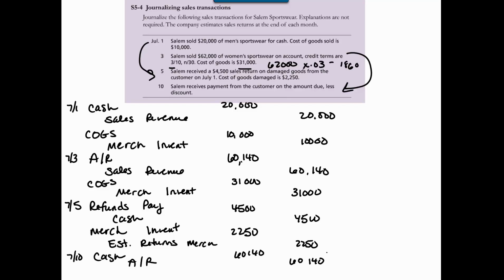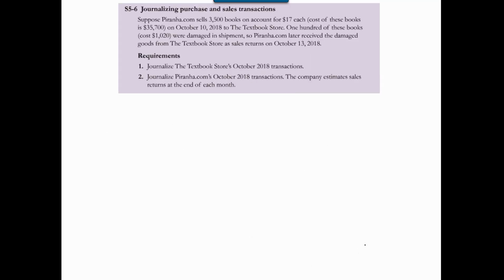I'm going to do another one here where we look at a couple transactions from both the buyer and the seller's point of view. So we've got Piranha is the seller, okay? Piranha is the seller, and they sell 3,500 books on account for $17 each.